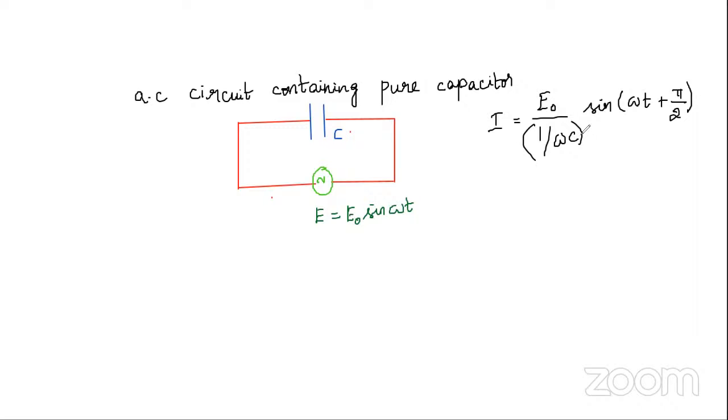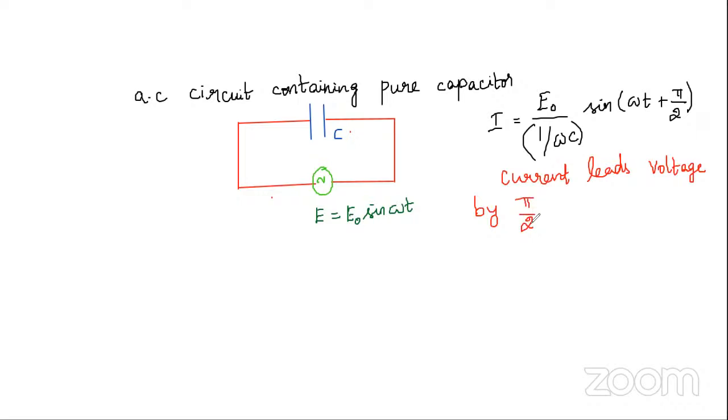What is the meaning of this? Here actually current leads voltage by pi by 2. Exactly the opposite scenario when you compare this one with a pure inductor.